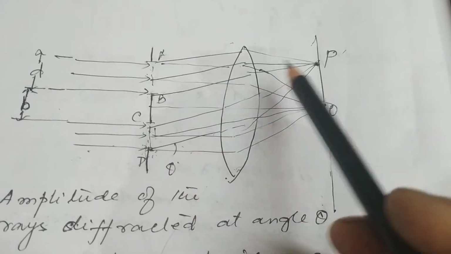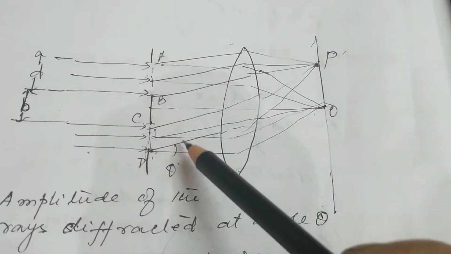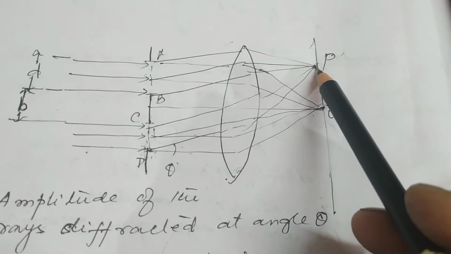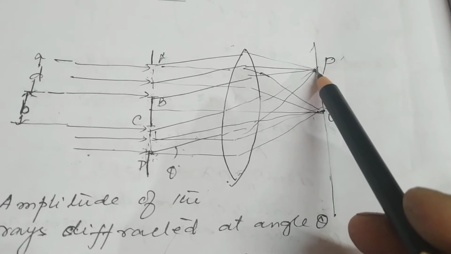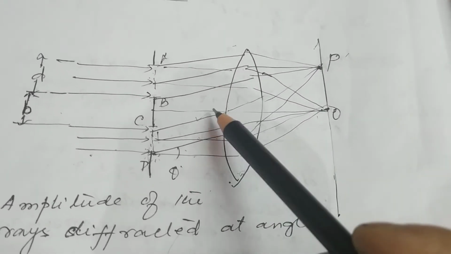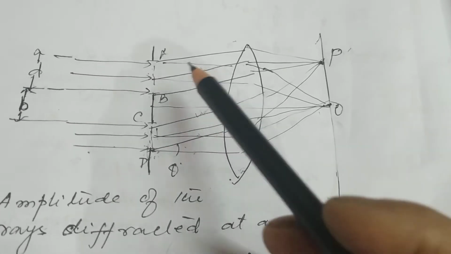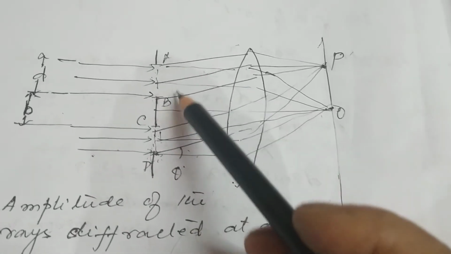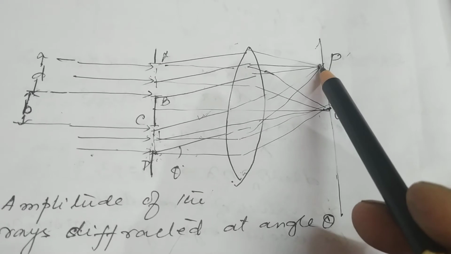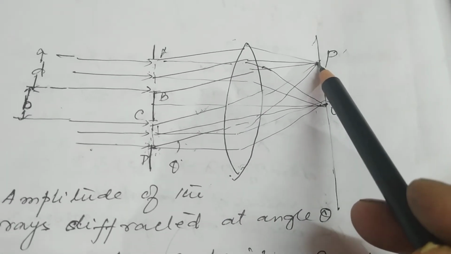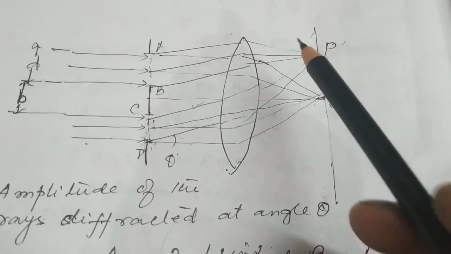So all six are superposing. There are innumerable rays; I am showing only six, converging at the point P. Superposition of this ray and this ray is treated as interference, whereas when these three rays superpose, that is diffraction. So at the point P both take place, diffraction as well as interference.